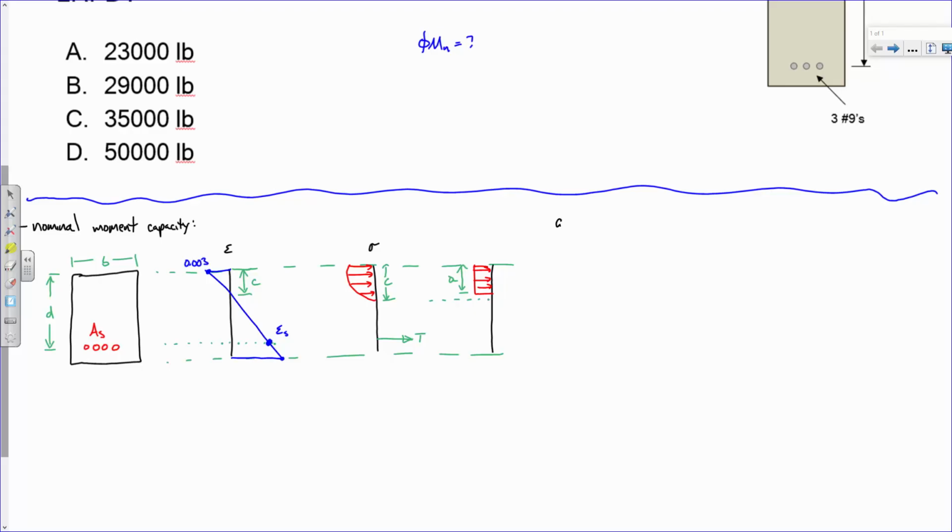Remember, we relate a to c with some, what do we relate? What's missing here? a equals something times c. Beta 1, yep. Beta 1 times c. Okay? And then, how much stress is there? Remember, what's our maximum usable stress that we assume for concrete? It's not f'c, it's something else.